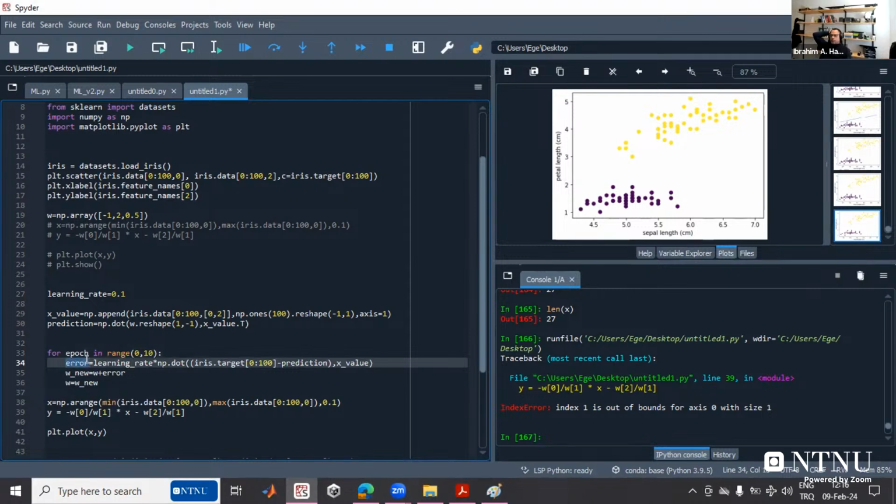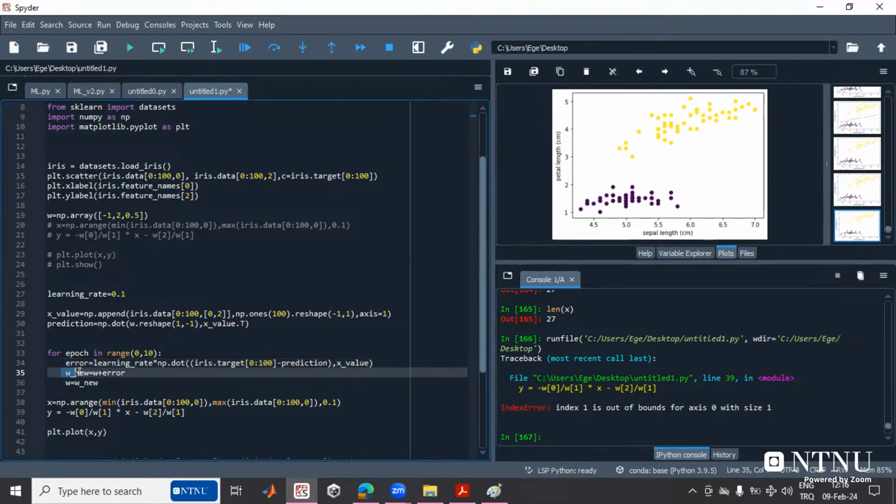So we have the error term here, which is the learning rate times target minus prediction times the sepal length and the petal length. Then we add the error to define a new weight. Because in the perceptron learning rule, we do it example by example, because the rule is: new omega equals omega plus eta multiplied by error multiplied by x.